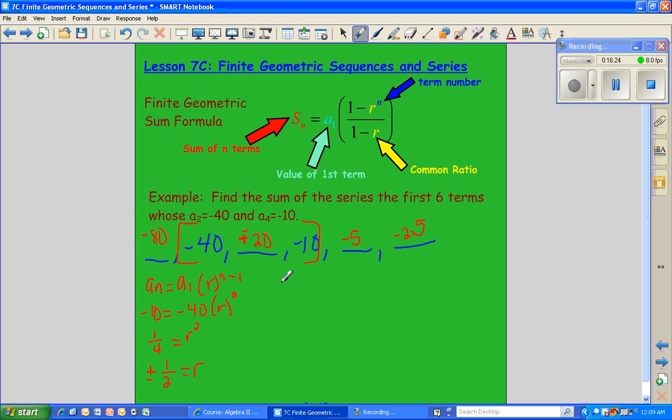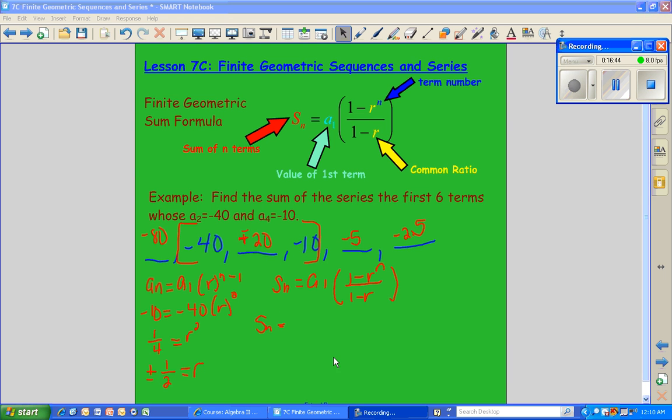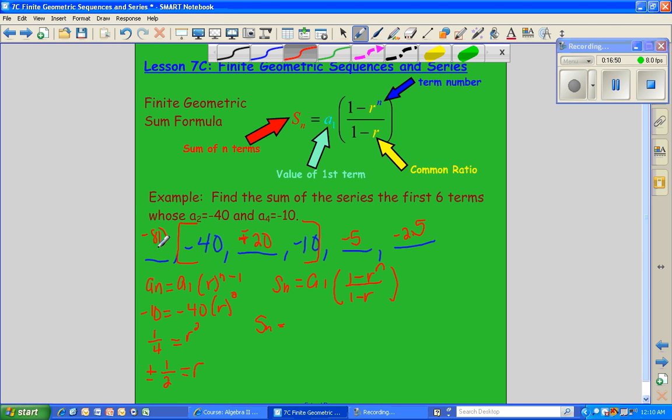So if you go to use your formula, S sub n equals a sub 1, 1 minus r to the n over 1 minus r. We're looking for the sum. A sub 1 is, we're just going to use the positive 1/2 right now. So a sub 1 is the negative 80.